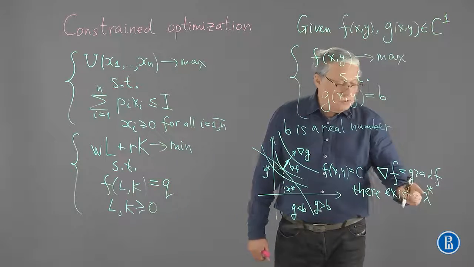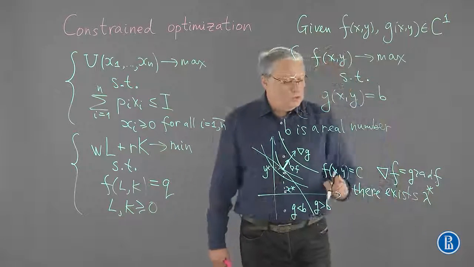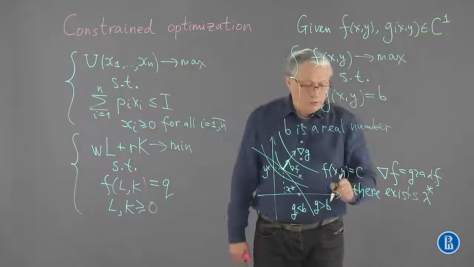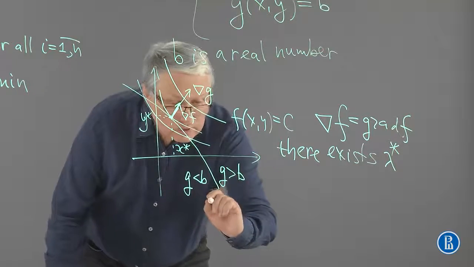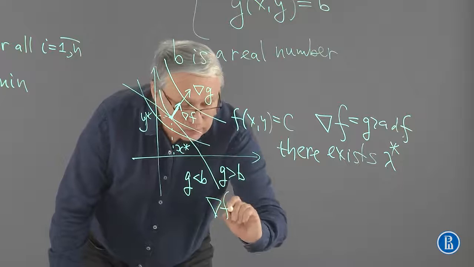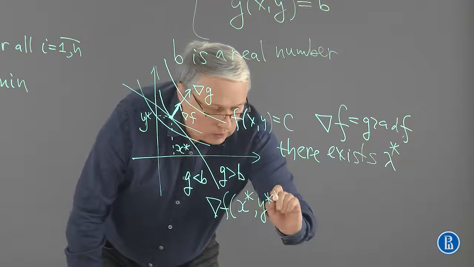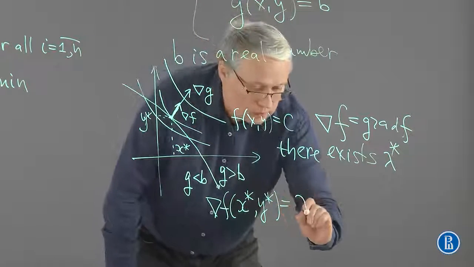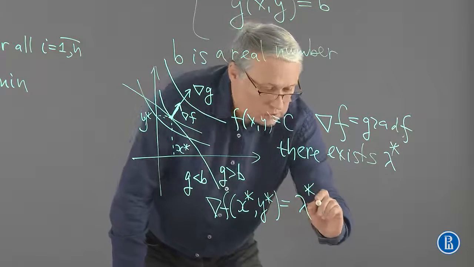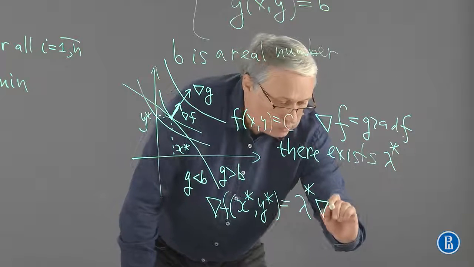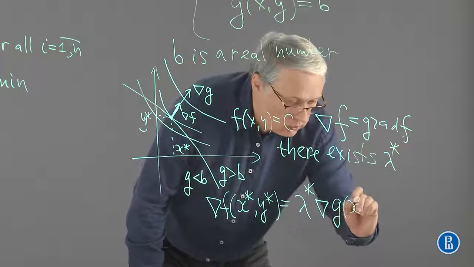Then there exists lambda star, which is a multiplier connecting the two gradients. And we can write that the gradient of f taken at this point x star, y star equals the product of this factor, lambda star, multiplied by the gradient of g at this point.